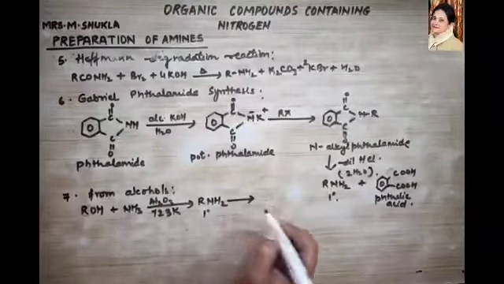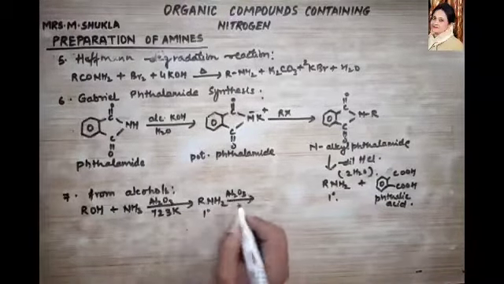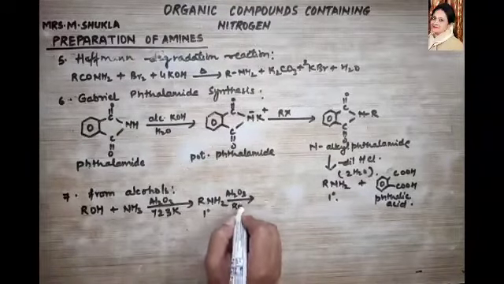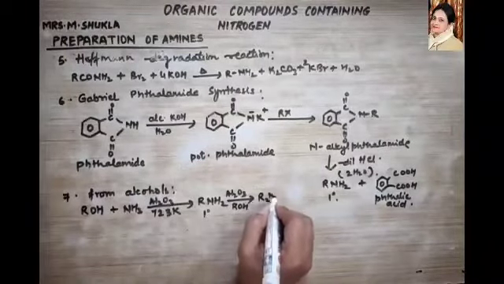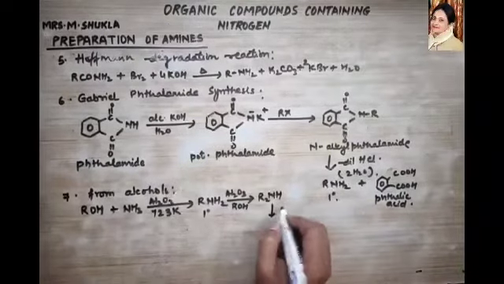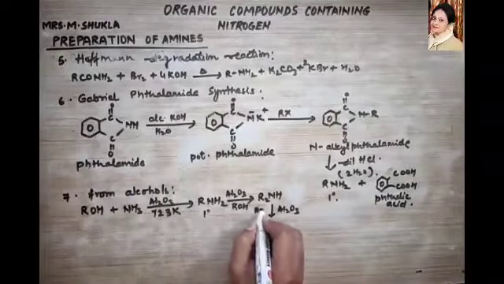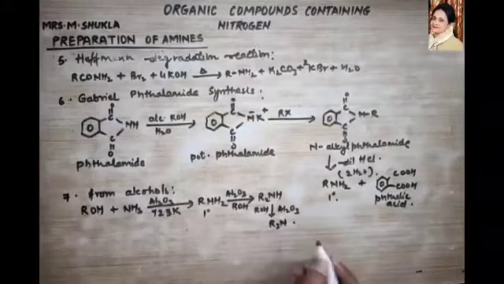Further, when it is treated with more of aluminum oxide, and say we add more of alcohol, it is going to give us secondary amine. And furthermore, when alumina is added with more of alcohol, it is going to give us tertiary amine.